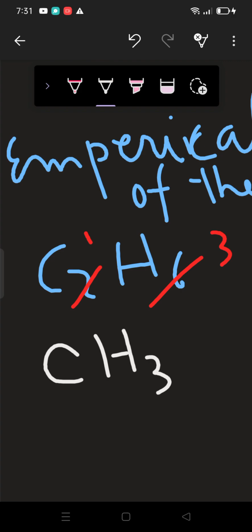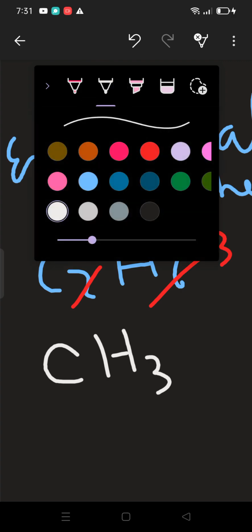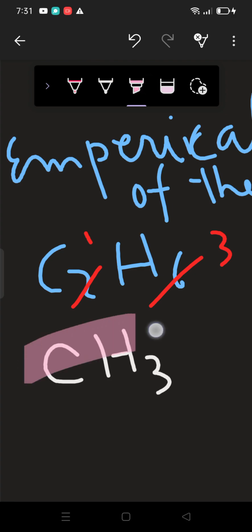So CH3 is the empirical formula of the ethane, right? It is not telling us about the actual number of atoms present in the ethane molecule. However, it is giving us the ratio of the atoms present in the ethane molecule, right? CH3 is the empirical formula of the ethane.